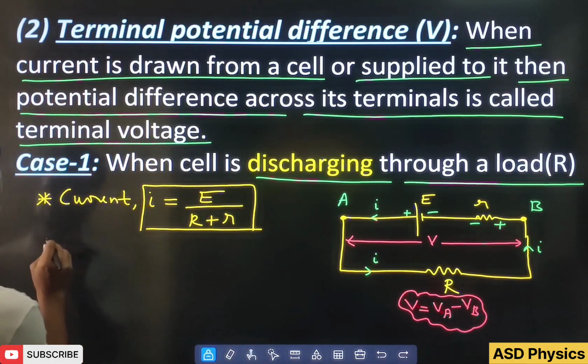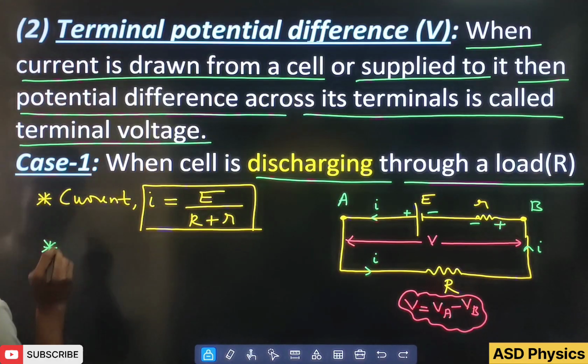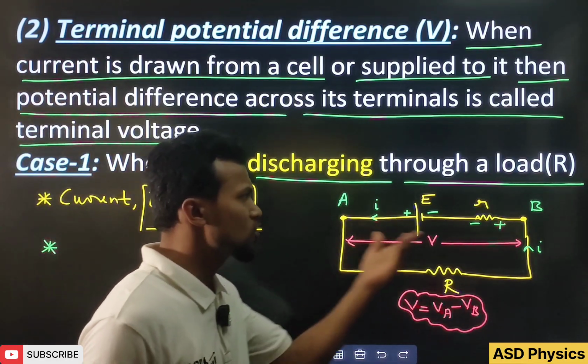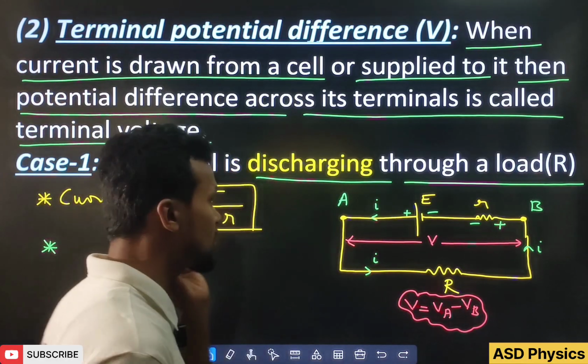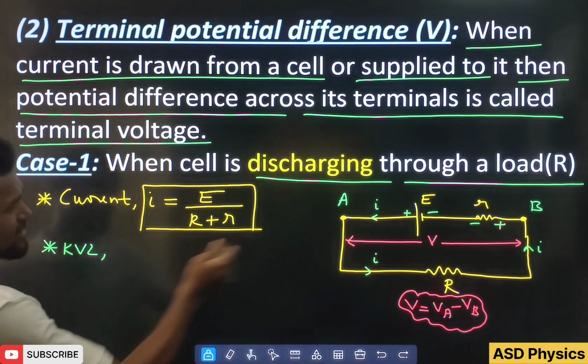Okay, now students, let's take the second one. If we want to calculate the terminal potential difference, here I can use KVL also. Okay, just I am using the KVL.